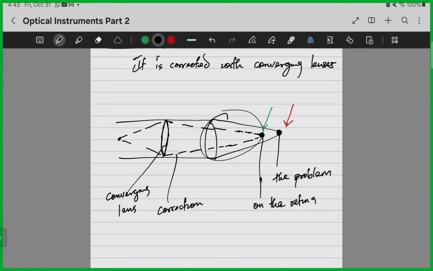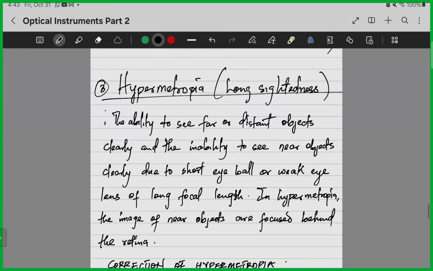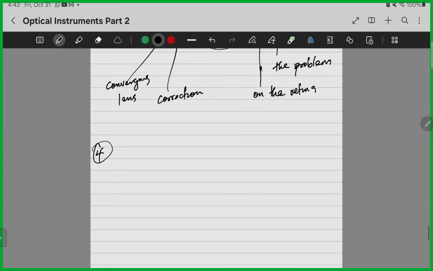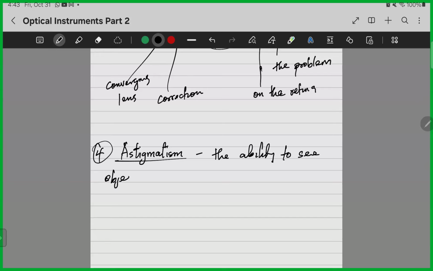Let's go on. The next thing, we just talked about number 3, hypermetropia. Moving on to the next one, that is number 4, astigmatism. That is the ability to see objects more clearly in one direction than the other.